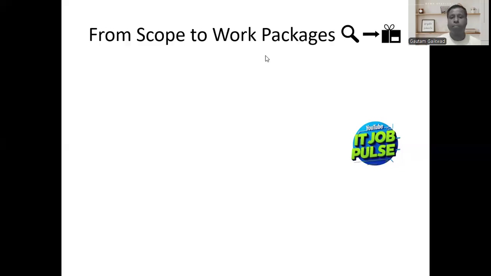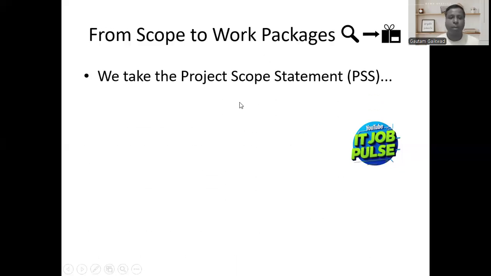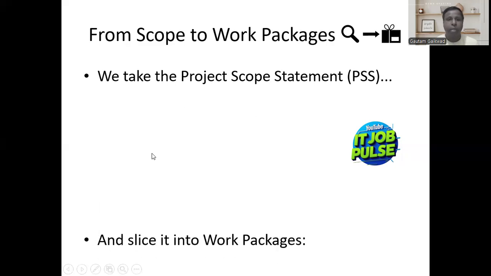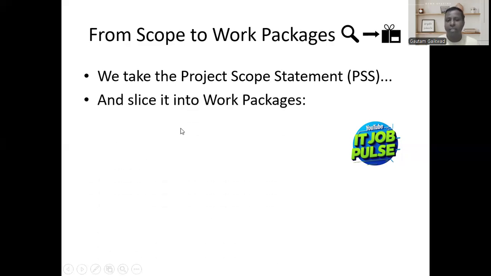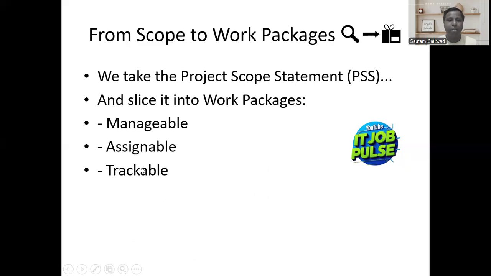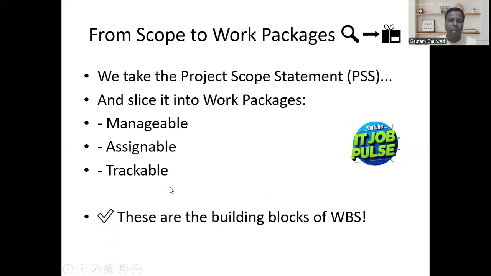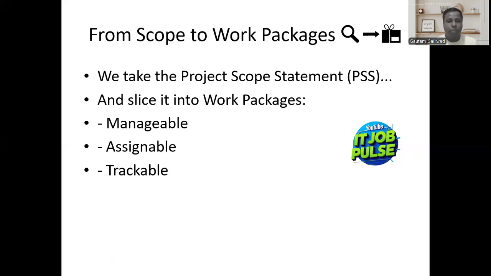Now we'll understand what a work package is. We take the project scope statement, as I mentioned earlier, and then we slice it into work packages. A slice is nothing but a work package, which should be manageable, assignable, and trackable. These three things should be there while we break down the work.